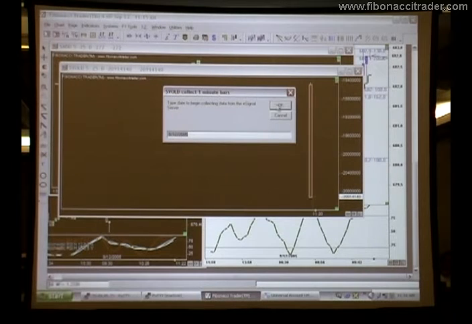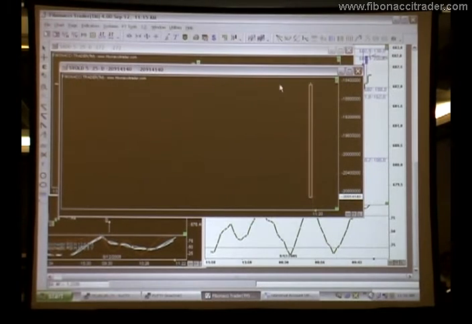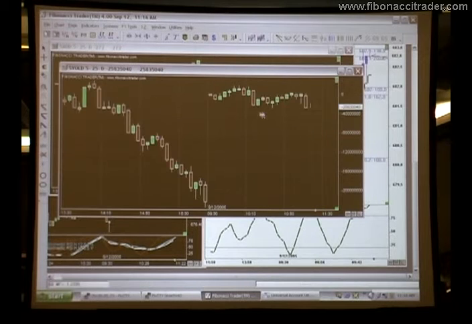Oh, it did it. Good. And we applied just one Fibonacci trader indicator to this. And there it is. It gave me a lot more than I need, so all I need is today.